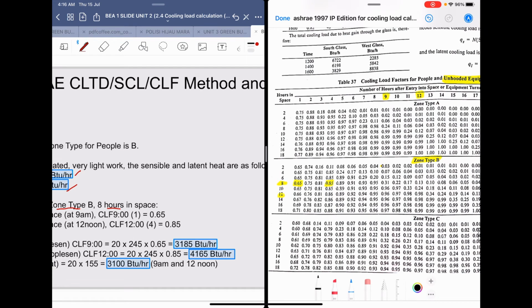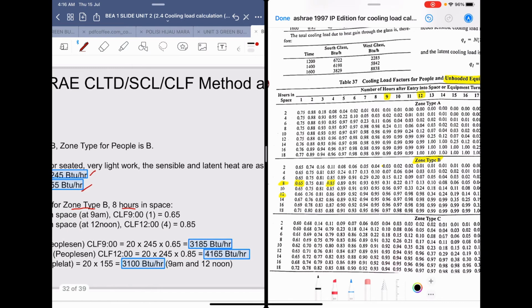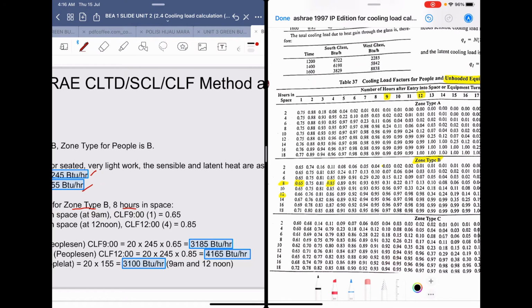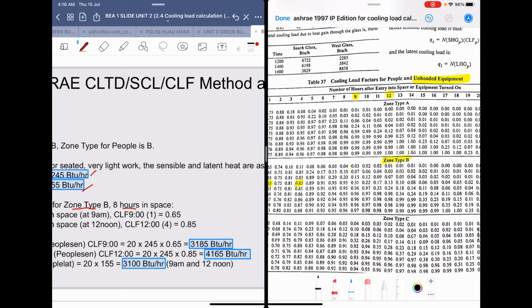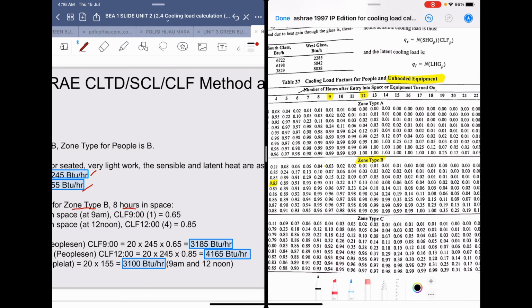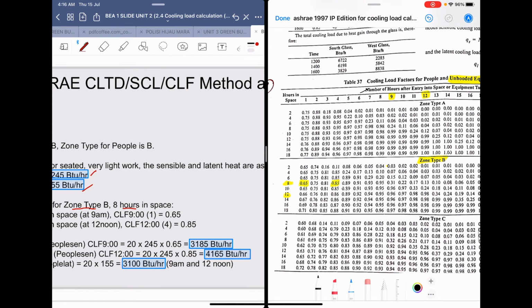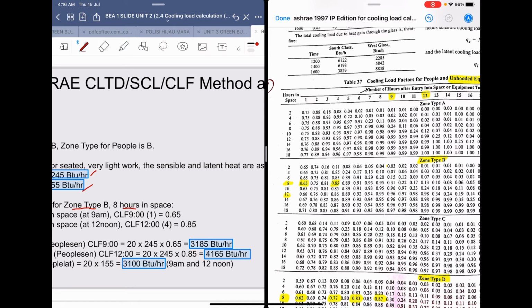We know that our people are in zone type B. Number of hours after entry into space or equipment turn on: the students must be in the space for about 8 hours.